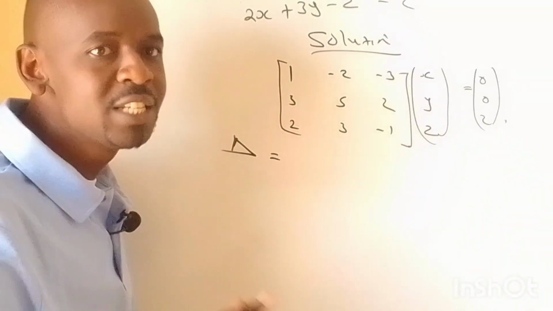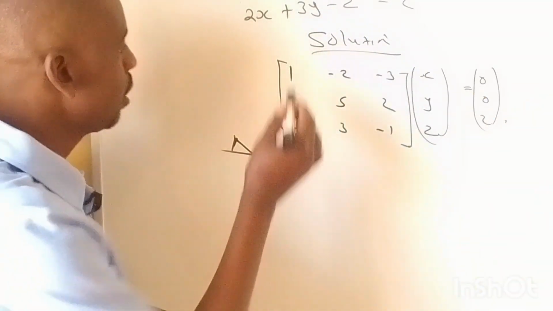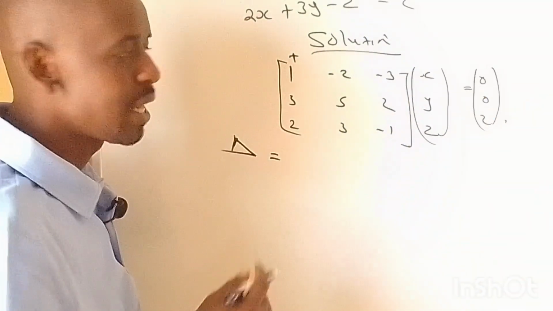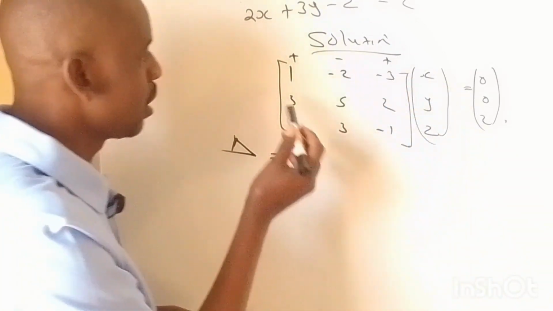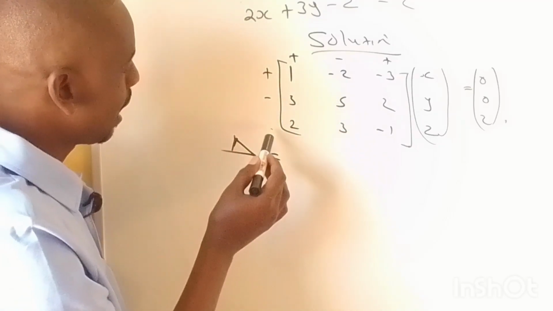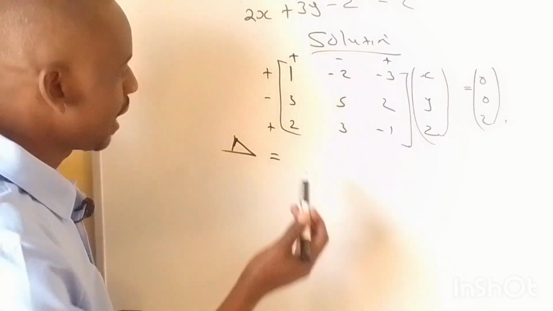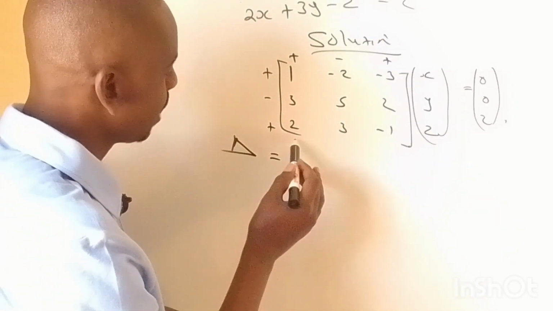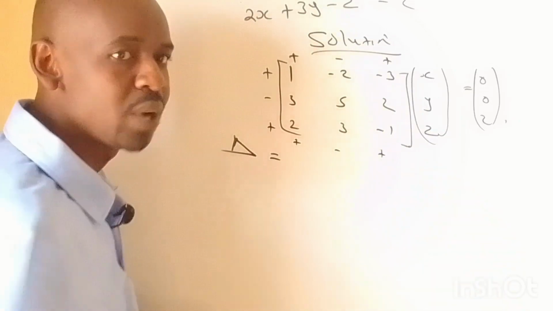It begins with a plus as it goes along the horizontal, a plus, and then they alternate: a plus, a minus, and then a plus. When you come down, also this is a plus, this is a minus, and that is a plus. The signs alternate like that. This way also they just alternate: plus, minus, and a plus, as you can see.